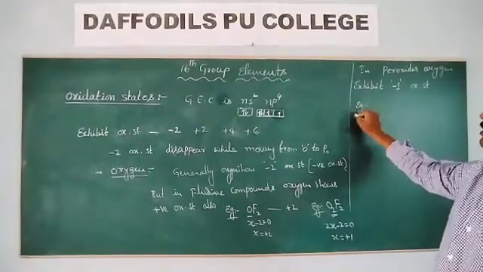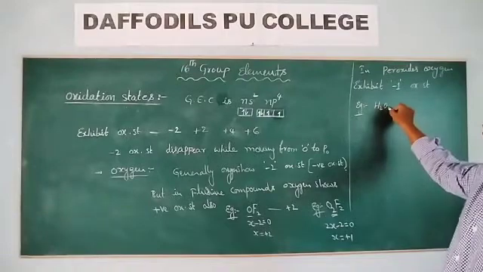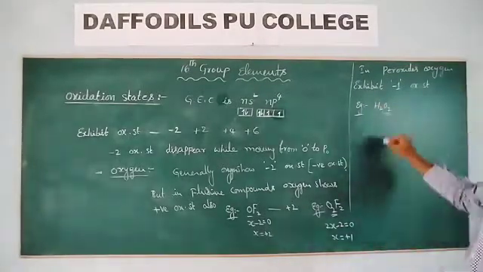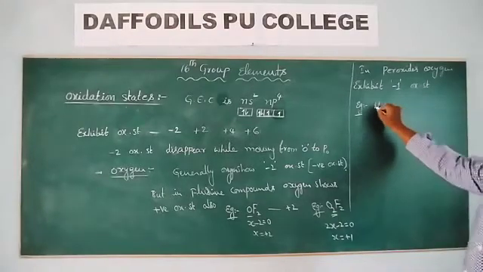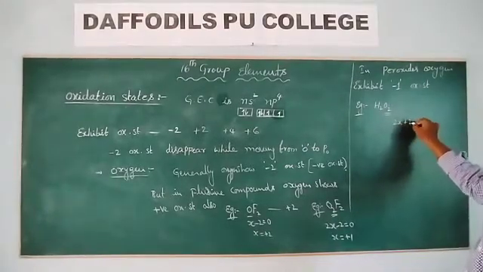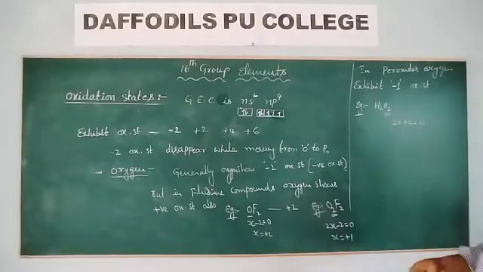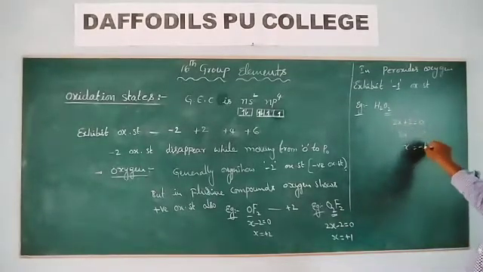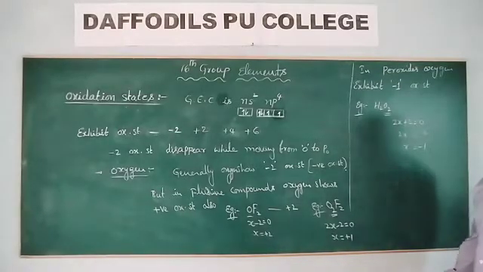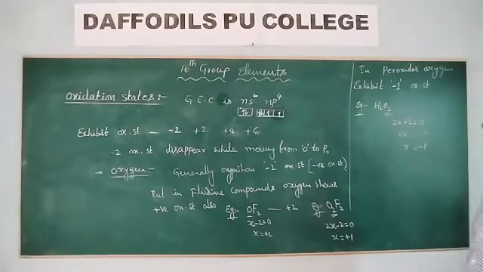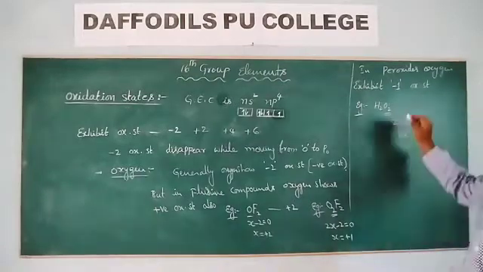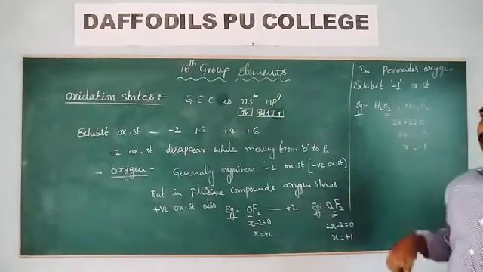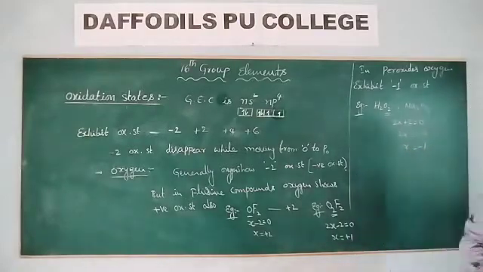Example: H2O2. What is the oxidation state of this oxygen? This is 2x. Each hydrogen has +1 oxidation state. Two hydrogens are there, +2. So 2x = -2, and x is equal to -1. So oxygen exhibits the -1 oxidation state in peroxides. Examples: hydrogen peroxide, sodium peroxide, barium peroxide, and so on.